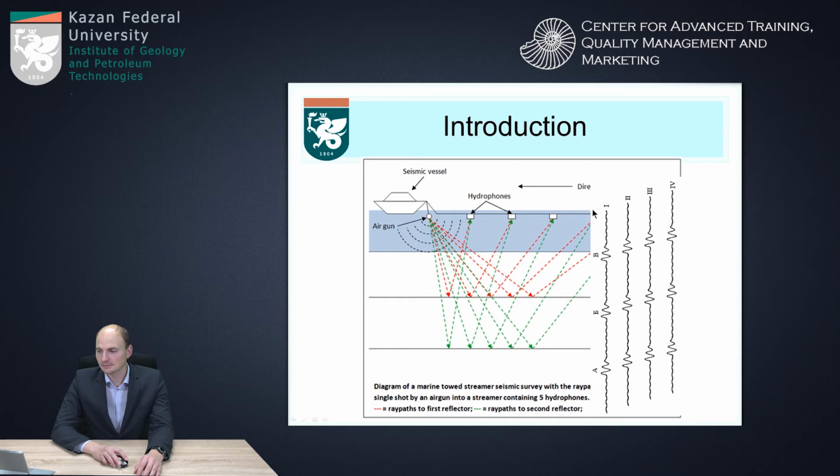And on the receiver we obtain a certain signal, a certain amplitude. Then another wave travels from the source to a deeper horizon, reflects, and goes up to hit the same geophone.